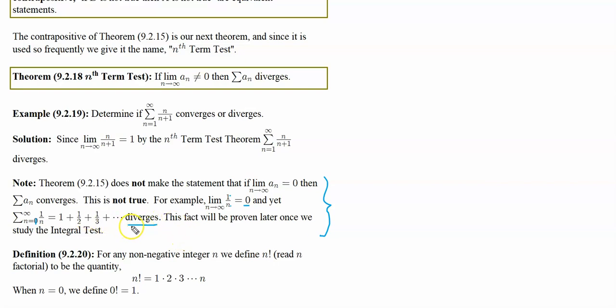That's easy to prove with what's called the integral test. So even though the limit as n goes to infinity of 1 over n does equal 0, that is absolutely true, this series, as we'll see later on, diverges. So don't make that mistake.